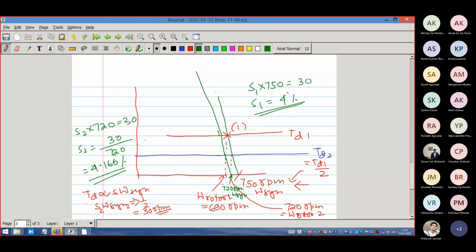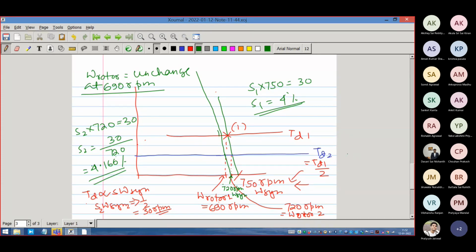When I need to maintain the rotor speed constant, the objective is to keep omega rotor unchanged at 690 RPM and produce two different torques, TD1 and TD2, where TD2 is half of TD1.